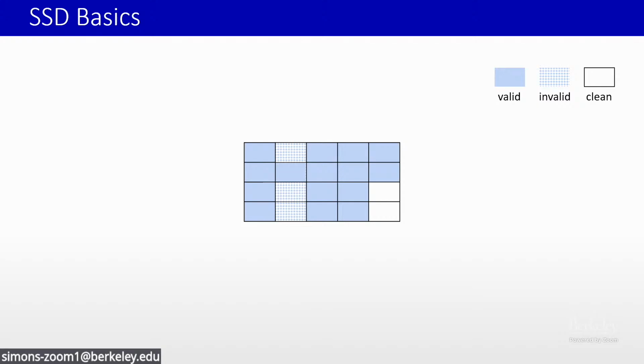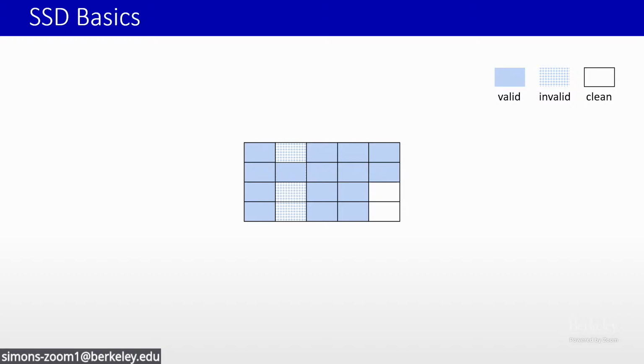Now, let's say we run out of space, or we want to clean some slots in the SSD. We have to do it at the block level. We can't clean a specific location. We have to clean a block. So we have to pick one of the blocks and clean it.